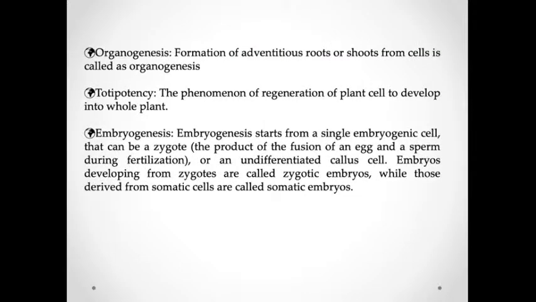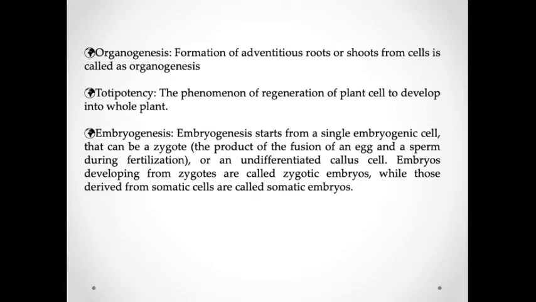And organogenesis, which we did yesterday, is the formation of adventitious roots or shoots from the cells, that is, from one of the organ parts of the plant. And totipotency is the phenomenon of regeneration of a plant to develop into a whole plant, whereas embryogenesis starts from a single embryonic cell, that could be a zygote or an undifferentiated callus cell.